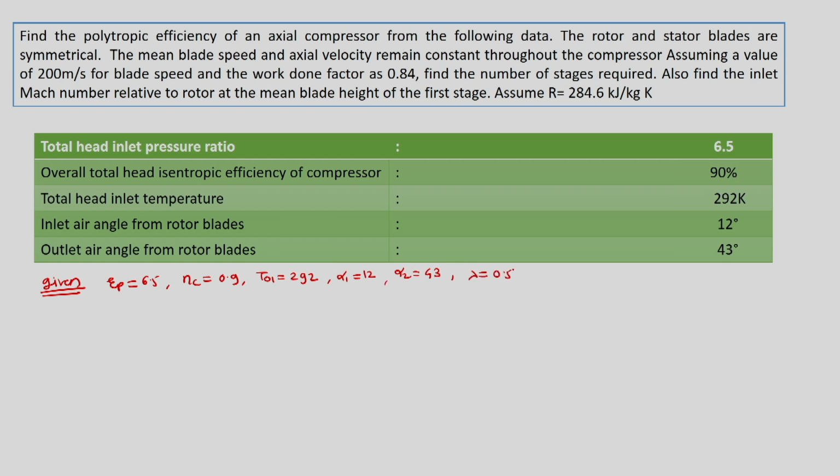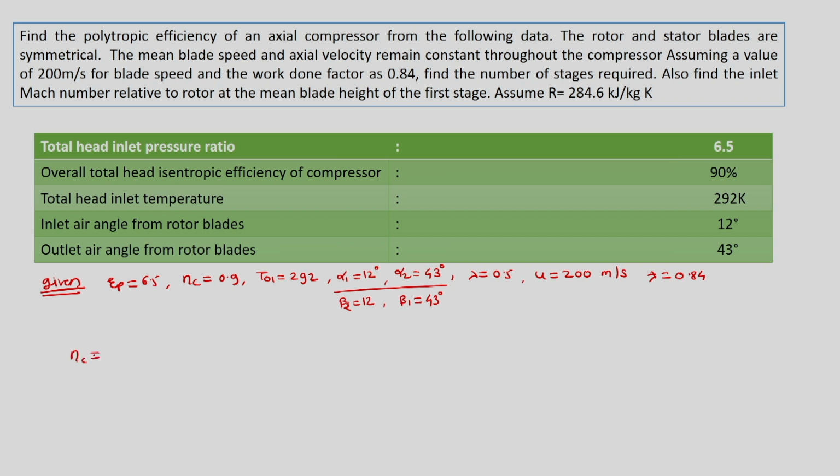Blades are symmetrical, so lambda is equal to 0.5, hence we can mention the same thing as beta 2 is equal to 12 degree and beta 1 is equal to 43 degree. We are told that U is equal to 200 meters per second and work done factor lambda is 0.84. With this we will proceed.